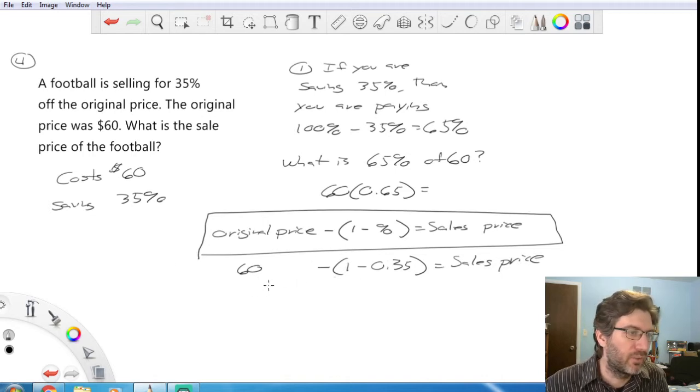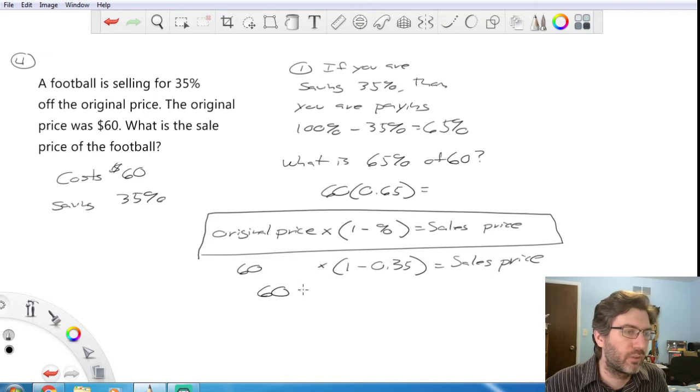So again, that's going to be 60. Am I subtracting that? No, I'm multiplying this. Should be multiplication there.